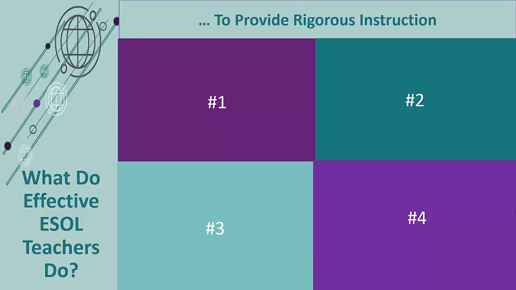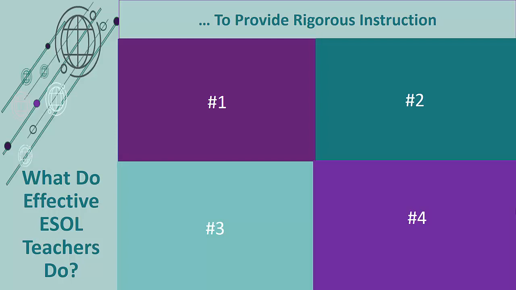The third and final area of ESOL instruction we'd like to discuss is rigor. We know that adult English learners need to acquire the language not simply to survive in the U.S., but to thrive here, to communicate and participate fully in the workplace, in post-secondary education, and in social and civic life.